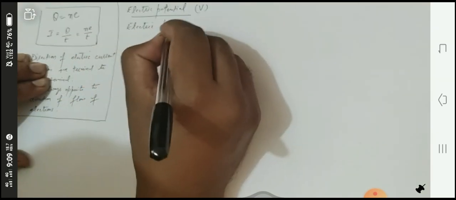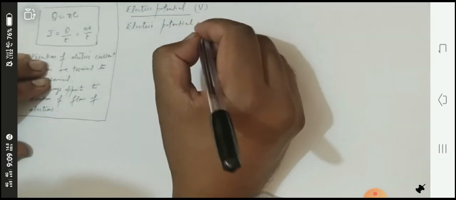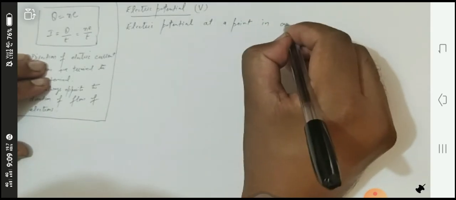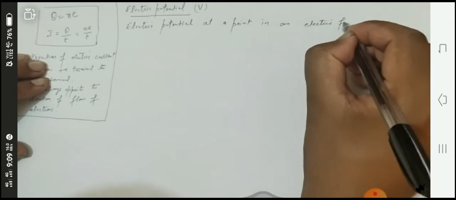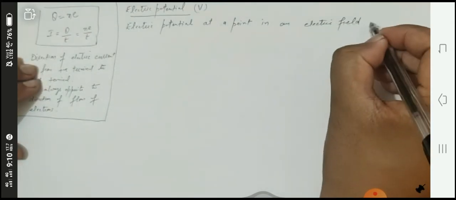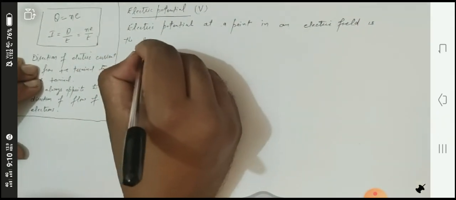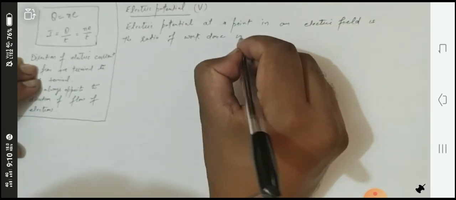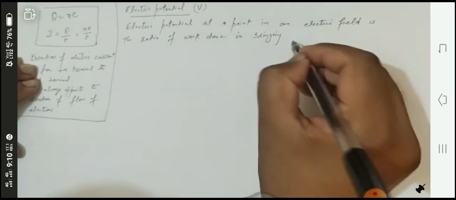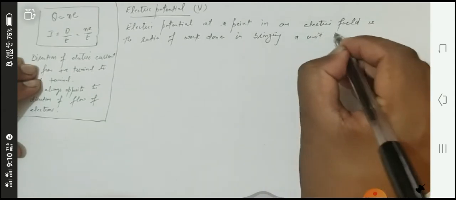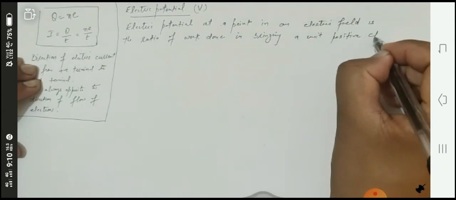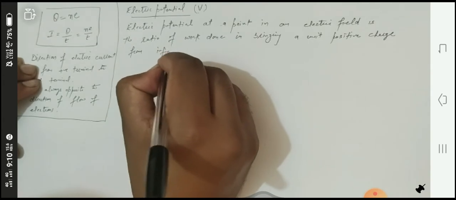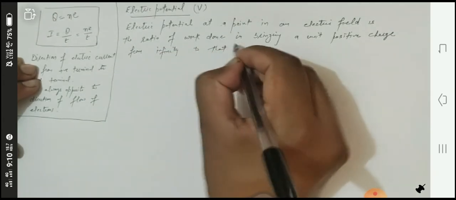Electric potential at a point in an electric field is the ratio of work done in bringing a unit positive charge from infinity to that point.